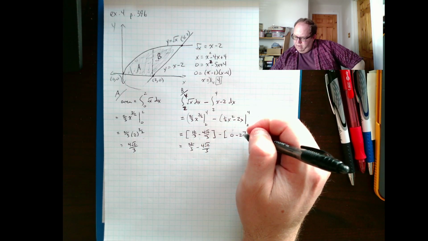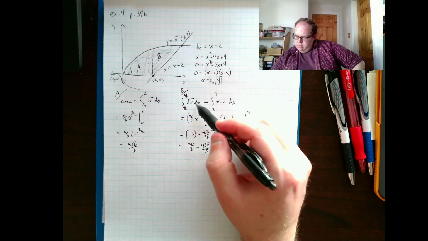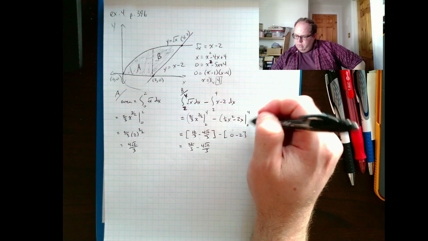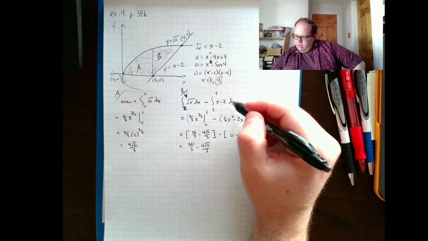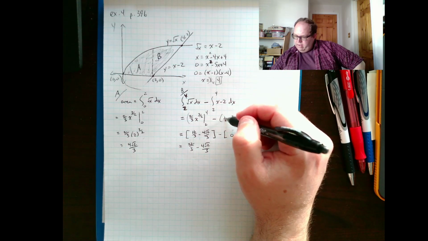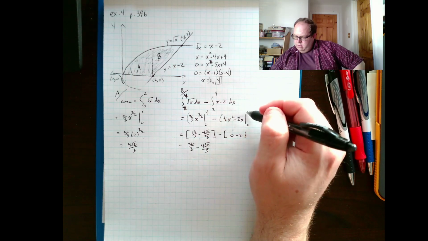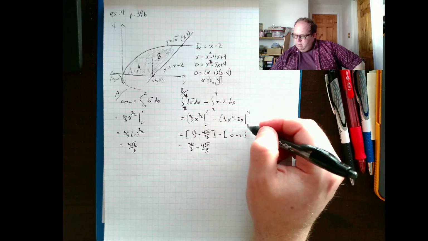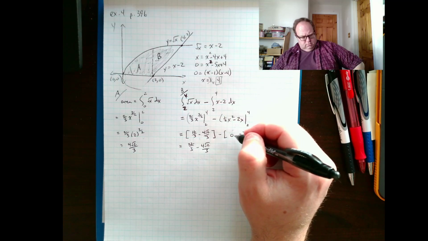Something's gone a little off here. I'm trying to figure out what. That's x minus 2. I need to do the upper minus the lower, since I'm subtracting this. From 2 to 4. The antiderivative will be half x squared minus 2x, put 4 in, 16, half of 16 is 8, 8 minus 8 is 0, 2 minus 4 is negative 2.